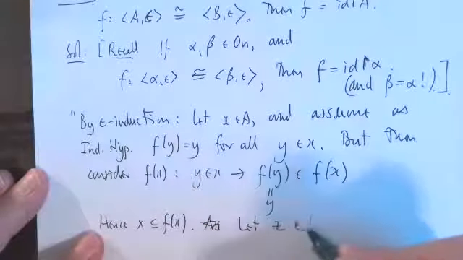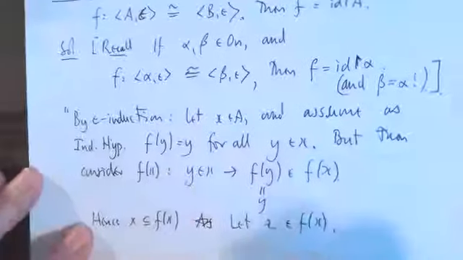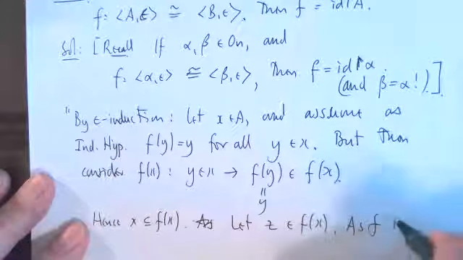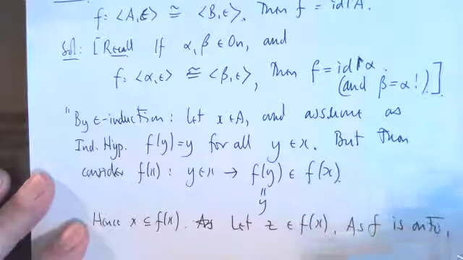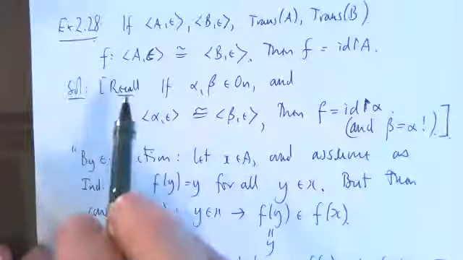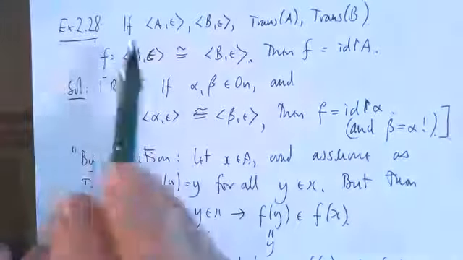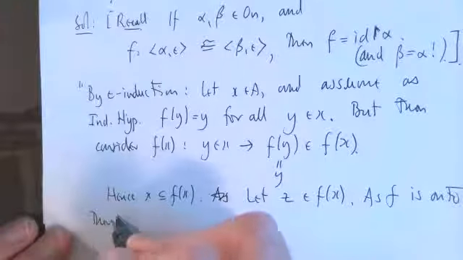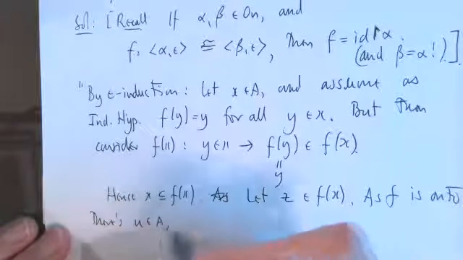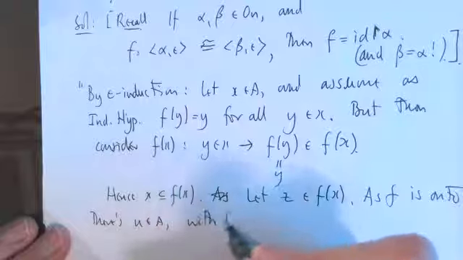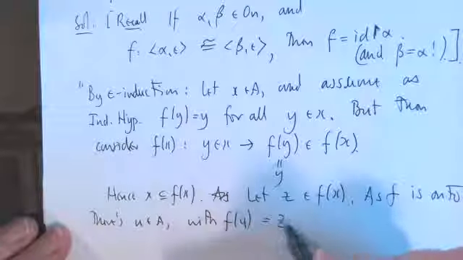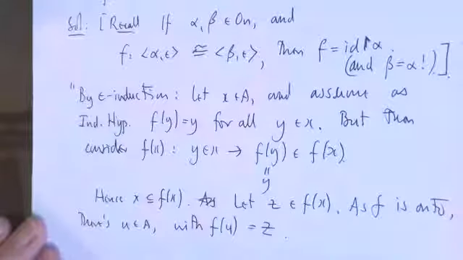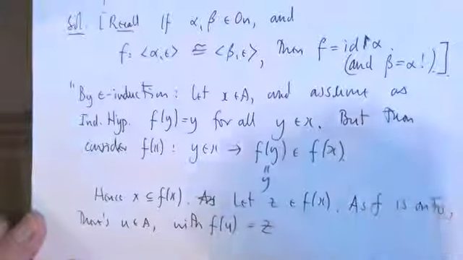So let z be in f of x. Because f is onto, there is some u over here on this side. There's u in A with f of u equals z. So f of u is a member of f of x.